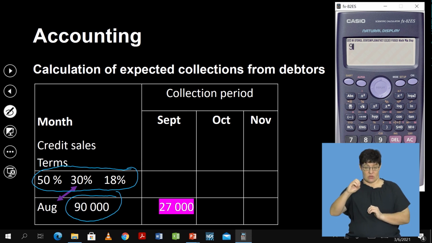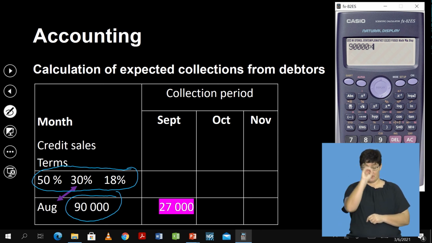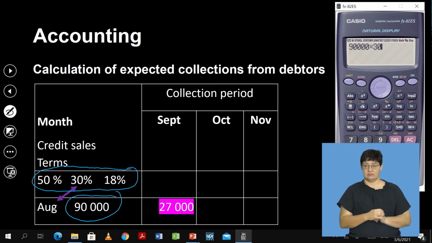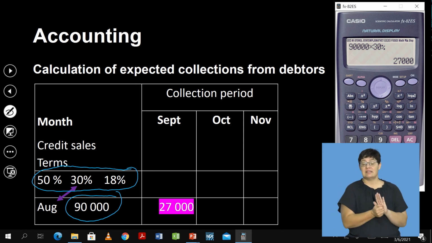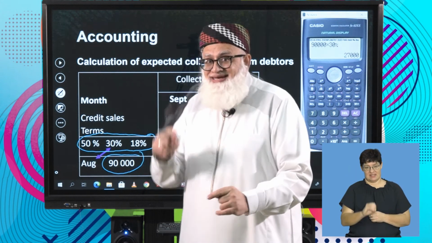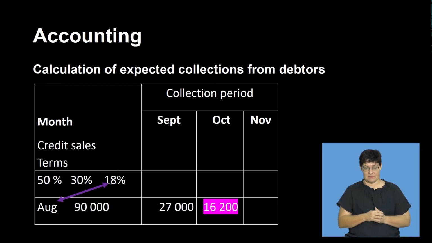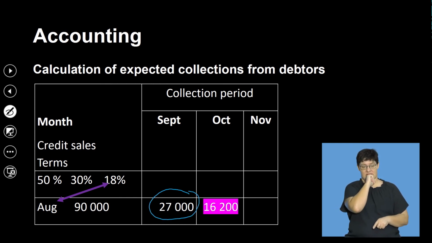Let's do that. 90,000 times, what's the percentage? Here you can clearly see 30%, and that gives me a figure of 27,000. So my credit sale was in August, but I'm anticipating to receive 30% of that money when? In September. So there we go. September, I'm anticipating this figure here of 27,000 from my August credit sale. Okay.